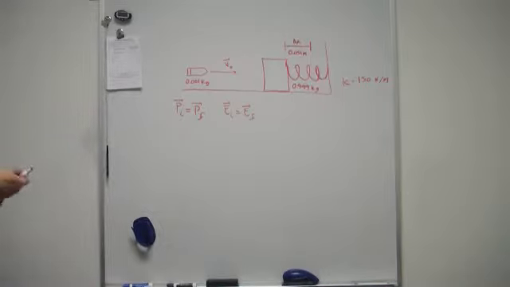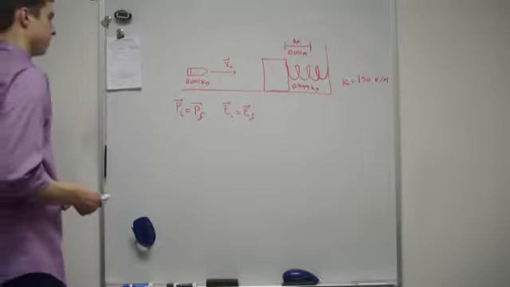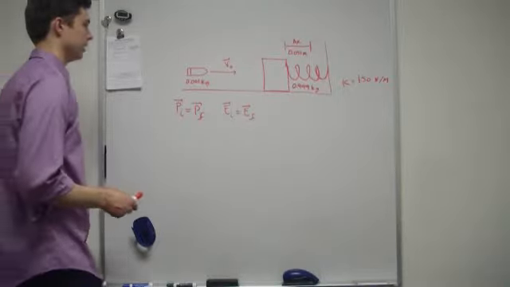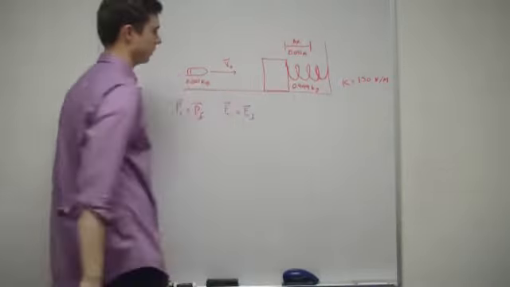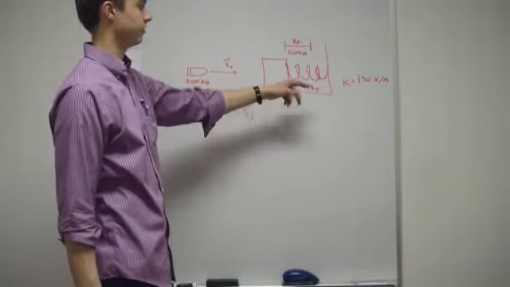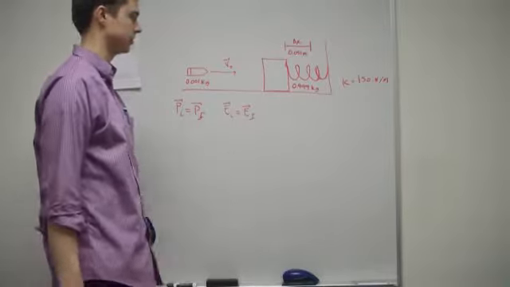Okay, so let's see where we want to start first. Momentum initial we know is going to be, since the block is stationary initially, it's going to have momentum of 0, because it's its mass times its velocity, which is at rest, so it's 0.